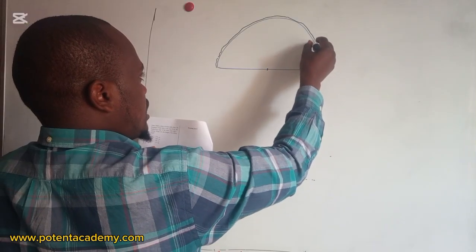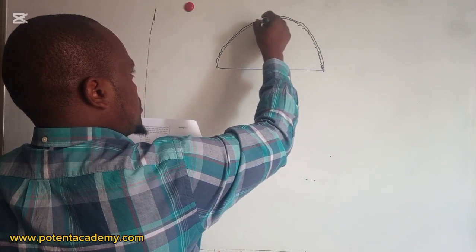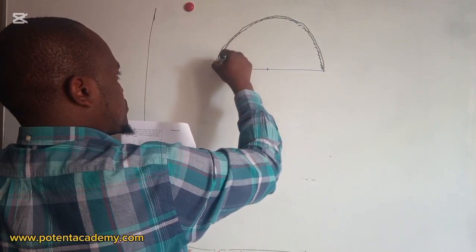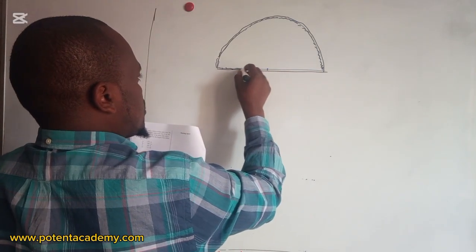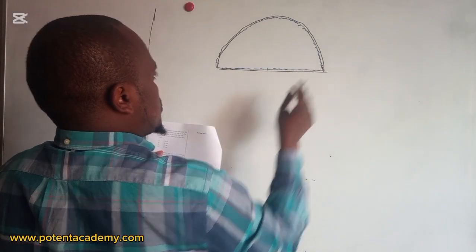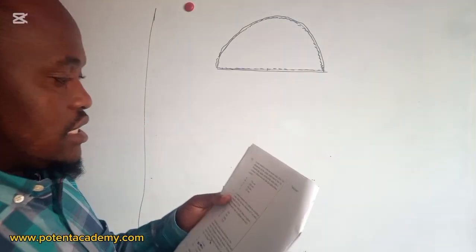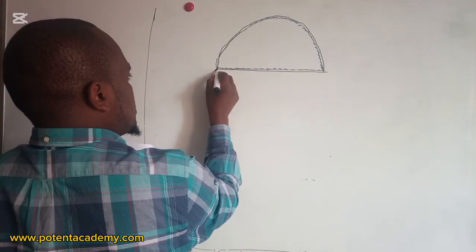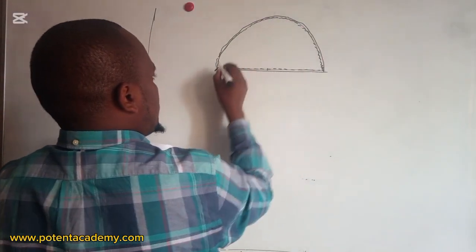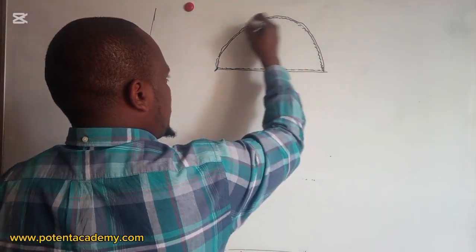So she's binding that edge with a piece of ribbon. So we are asked, what's the length of the ribbon? So what's the length of this ribbon? It is the length of this from here going around even here.